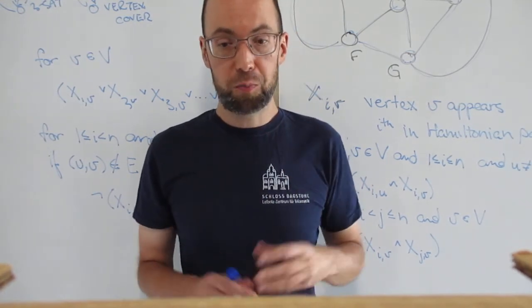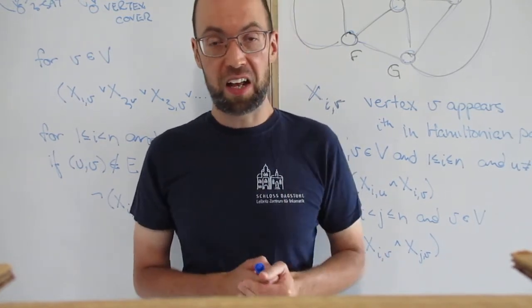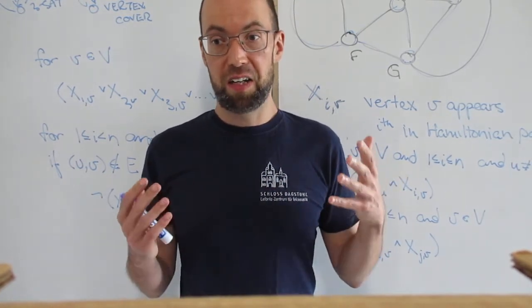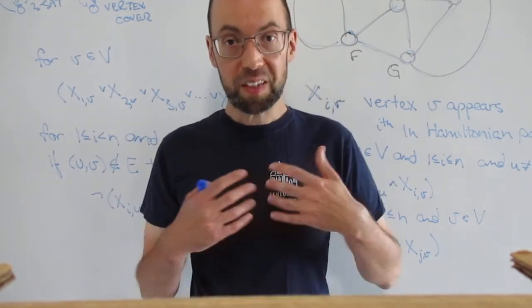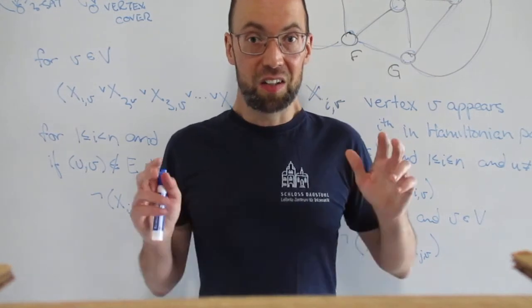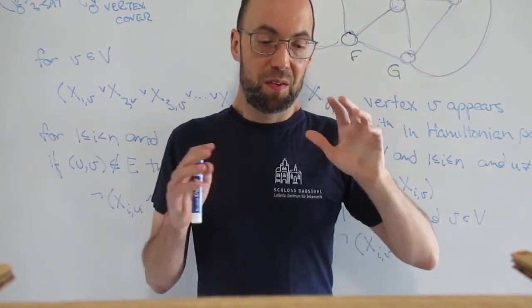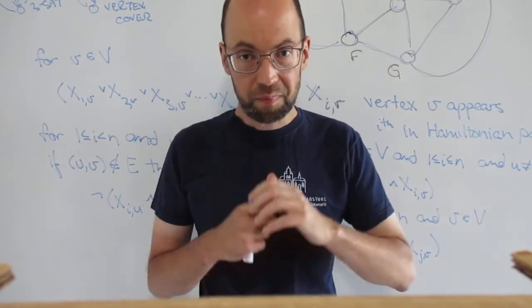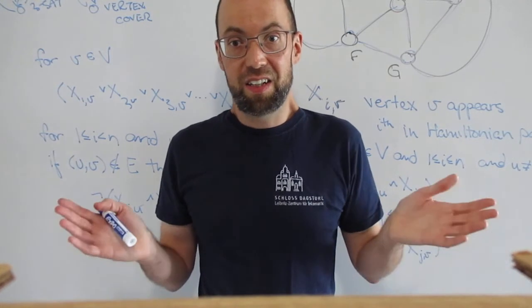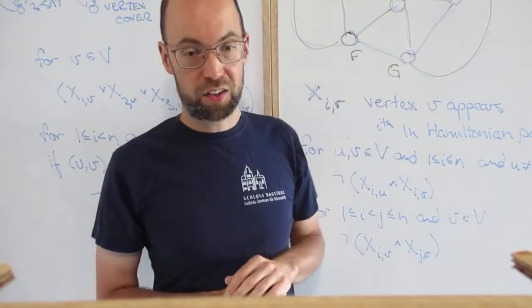So it's polynomial. Given just the graph, I can write a formula that says there is a Hamiltonian path in this graph, and that formula is satisfiable if and only if the graph actually has a Hamiltonian path.